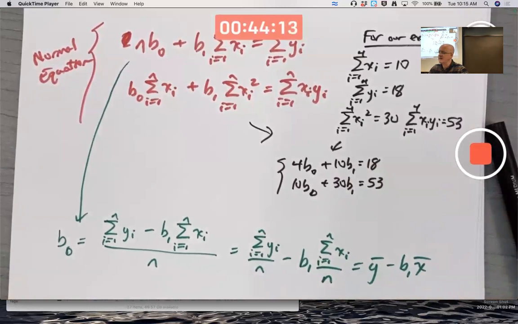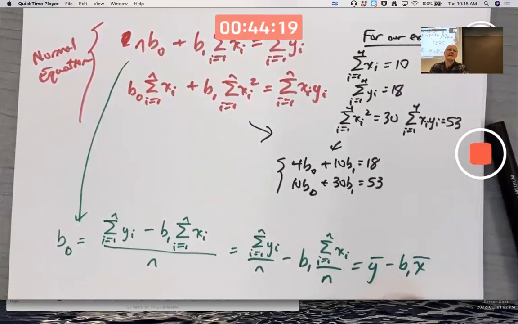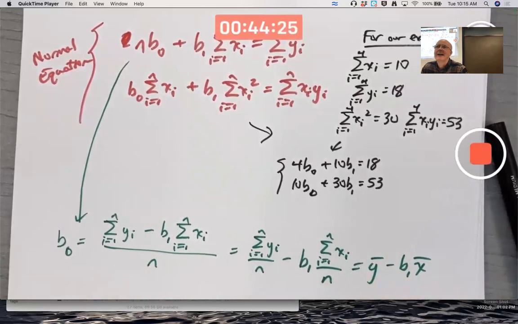The intercept is always the mean of the y values minus the slope times the mean of the x values. And that has a deep meaning. It means that the point whose coordinates are x bar and y bar is always on the regression line.